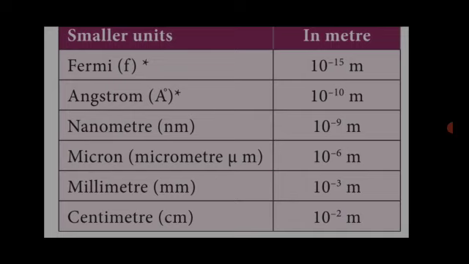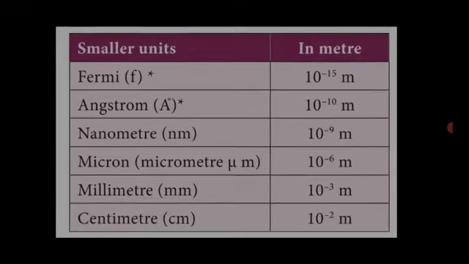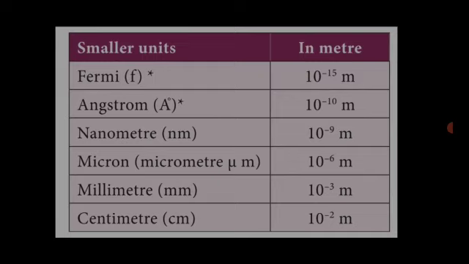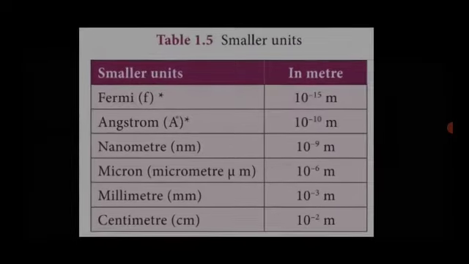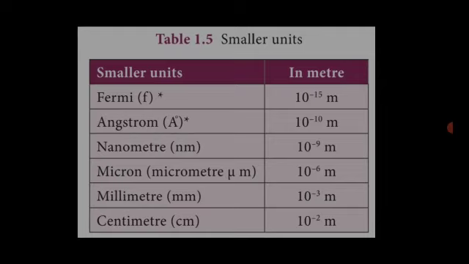Millimeter value is 10^-3 meter. The last one is centimeter, cm. Centimeter value is 10^-2 meter. These are some smaller units and their values in meter: Fermi, Angstrom, nanometer, micrometer, millimeter, centimeter.